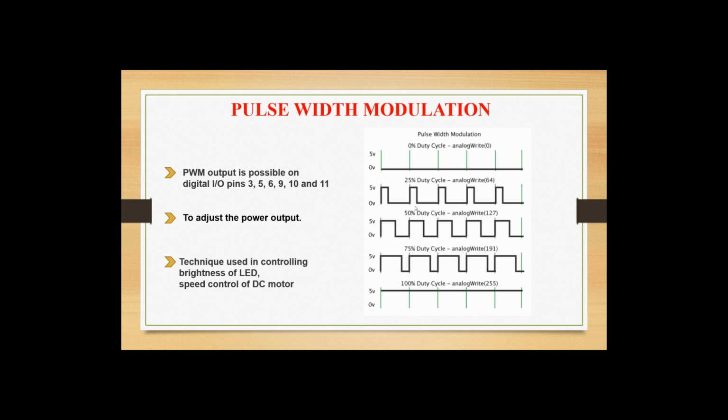It can be on or it can be off only. Let's see an example of this 25% duty cycle. 25% duty cycle means for 25% of this time interval it is on and for the remaining 75% of the time interval it is off. If you see this 75% duty cycle, for 75% of the duty cycle it is on and for the remaining 25% it is off.